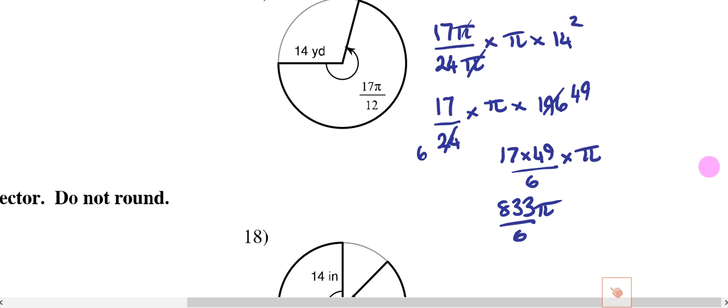Which you might be uncomfortable with because it's a big number and you've just left it like that, but if it's exact, that's what we've got. If we turn that into a decimal, round to the nearest tenth, what do we get? 136.3 square yards.